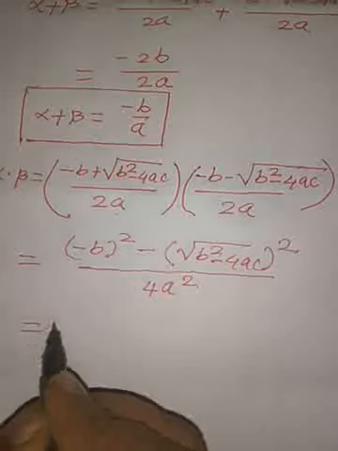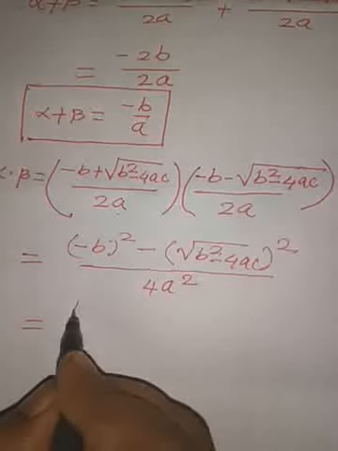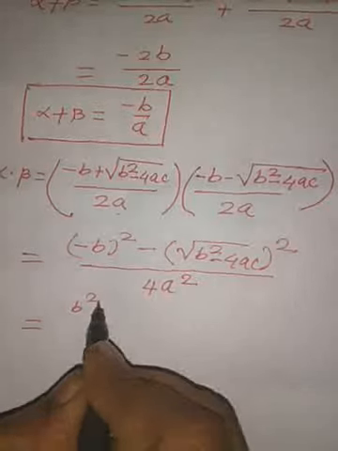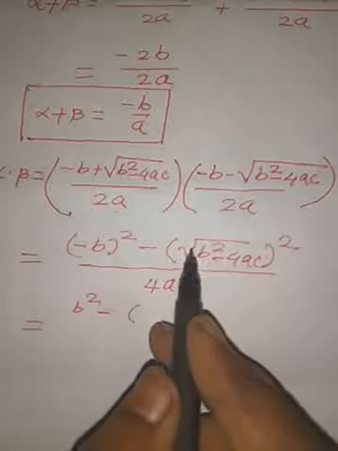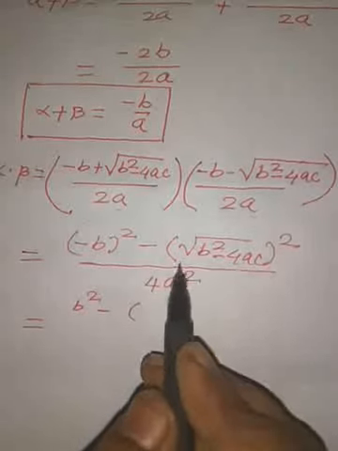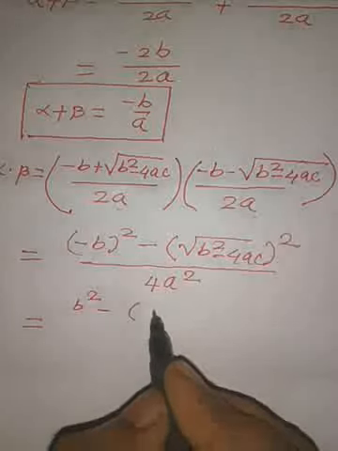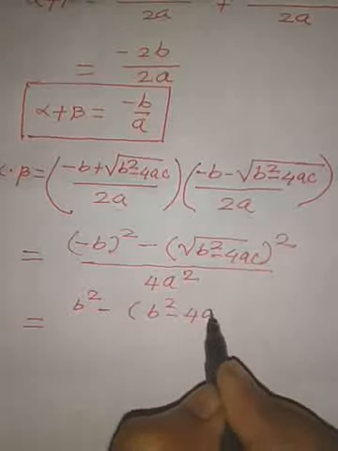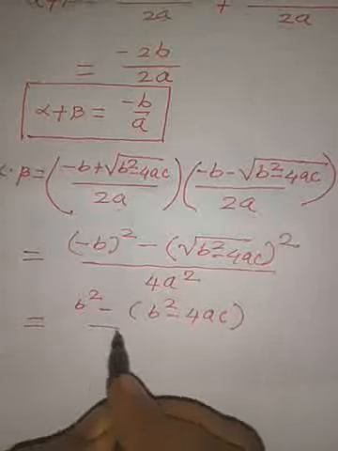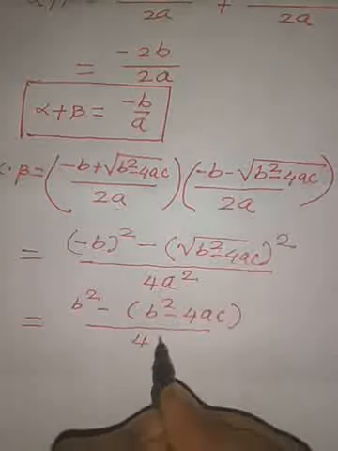This will be equal to square of minus b, that is b square, minus square of this, only the square root sign will go, therefore that will be equal to b square minus 4ac divided by 4a square.